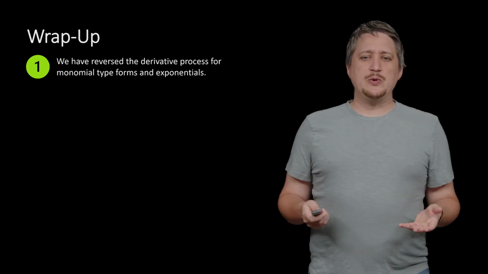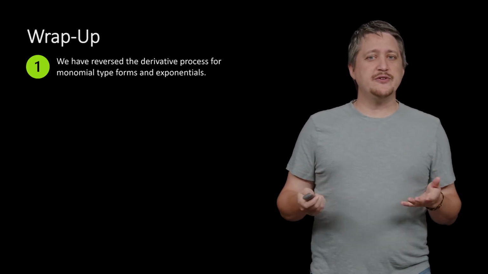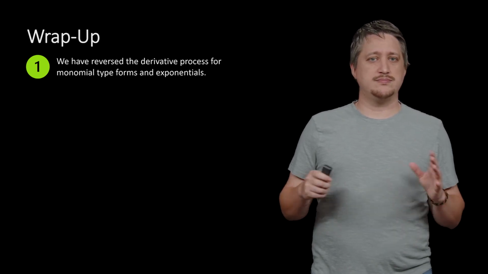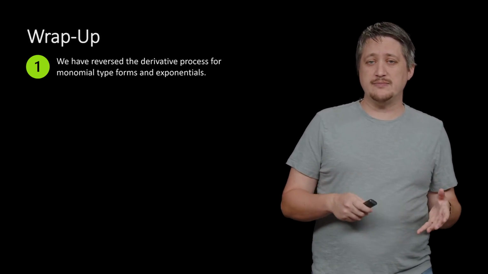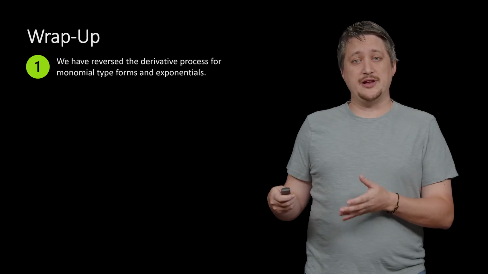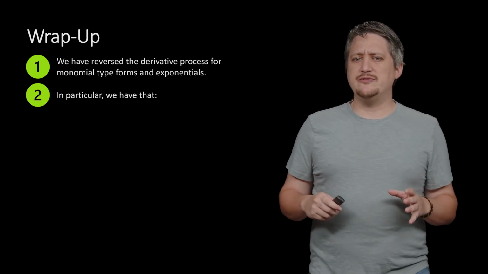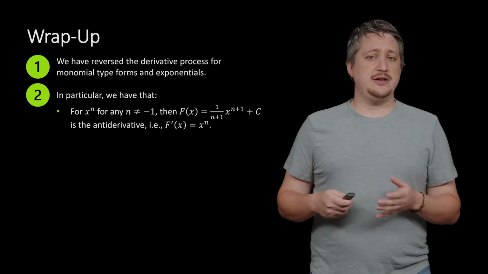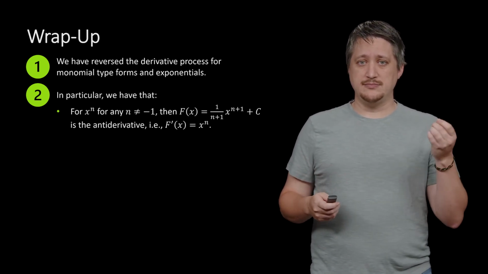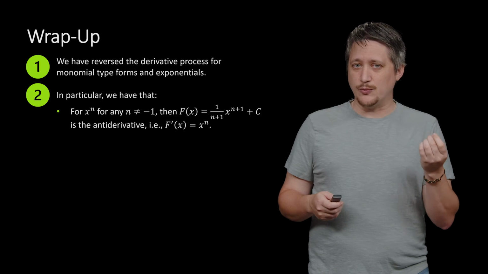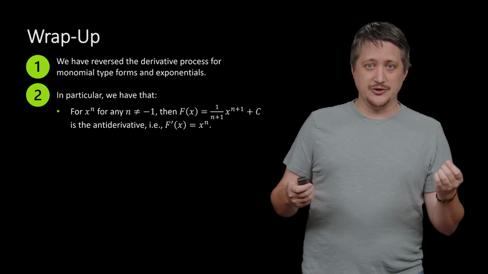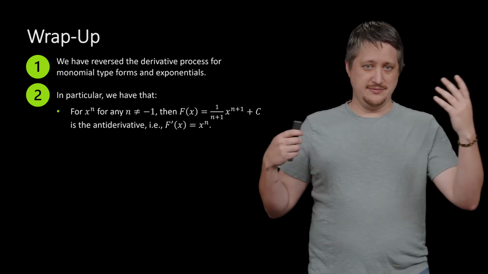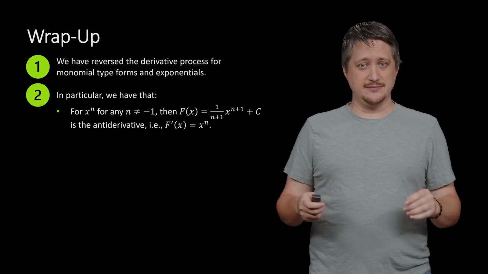So we reversed the derivative process for, in particular, monomial type forms and exponentials. We know if we have x to the n for some n that isn't -1, but could be any other real number, so 1/2, pi, -17, right?